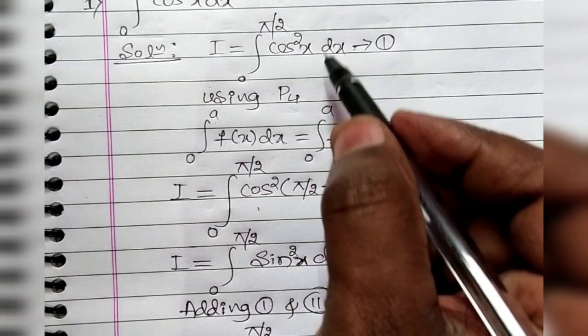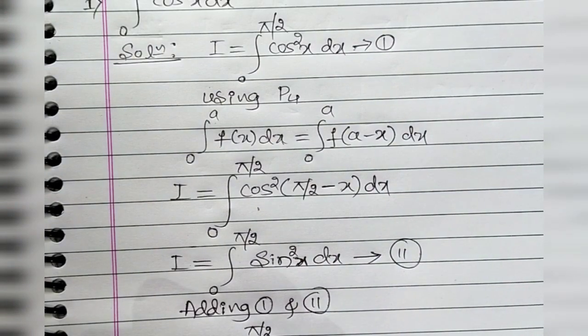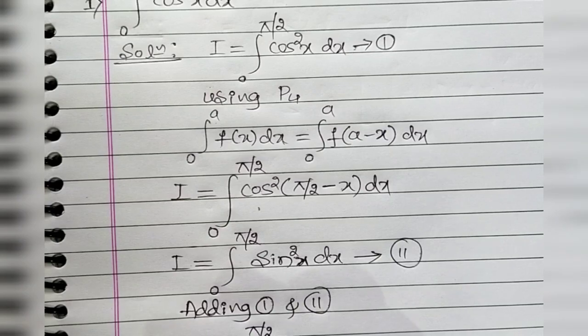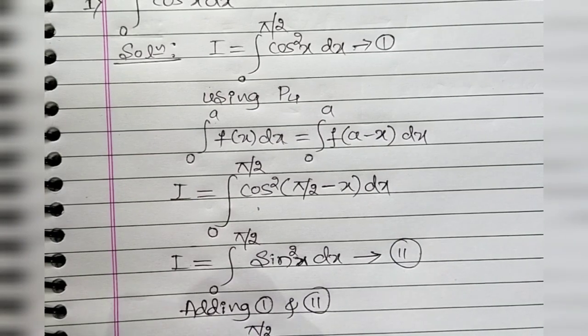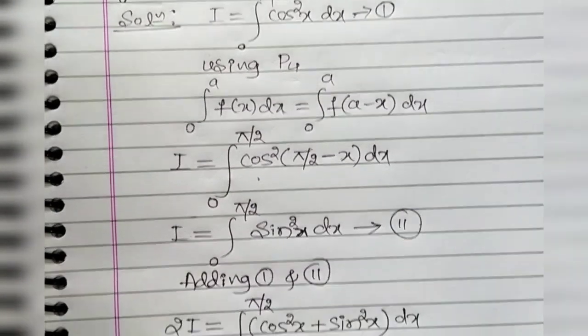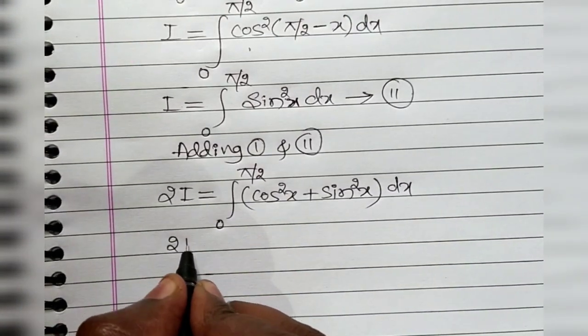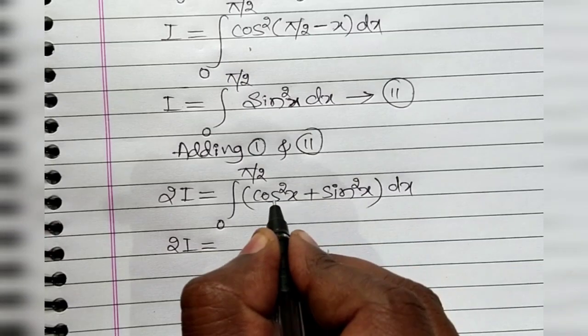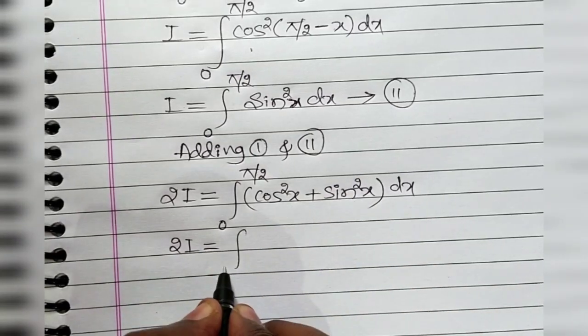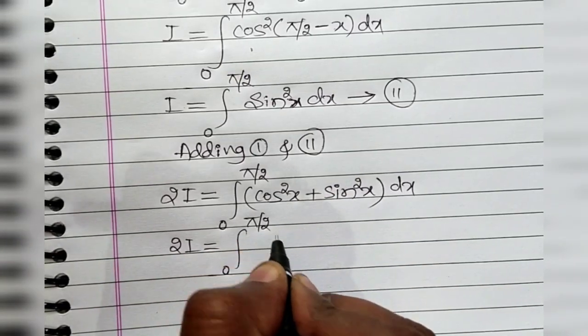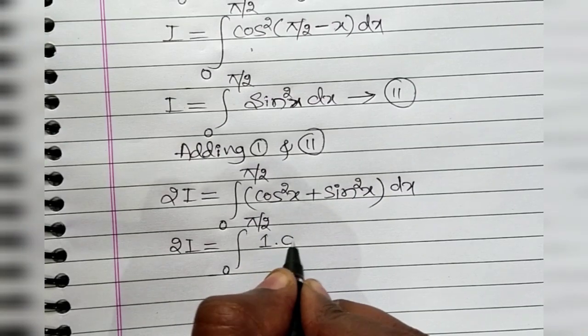These two together can be written as cos square x plus sin square x, because I am adding both the integrals, dx. What is cos square x plus sin square x? It is 1. This is the standard identity. So the integral from 0 to pi by 2 of 1 dx.